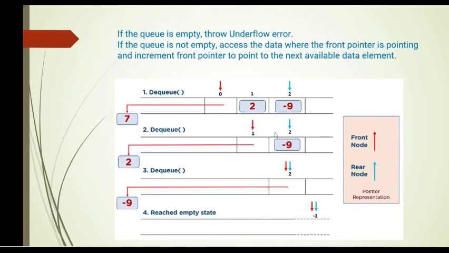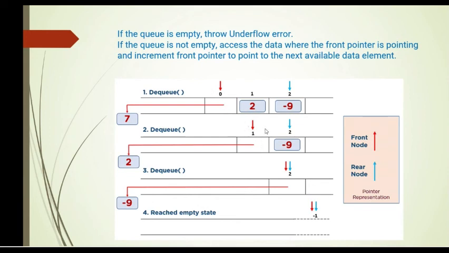Suppose there are two elements in this queue and we want to delete one of the elements. Actually, in the beginning, there were three elements in the queue, and when we run the dequeue operation, an element from the queue is deleted. This element would be deleted from the front part of the queue. So the front would be incremented and it becomes 1.